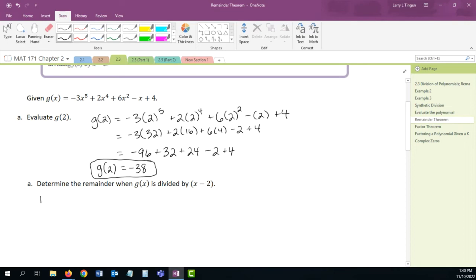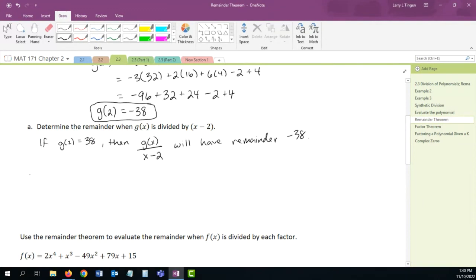So in this one, what we're saying is, if g at 2 equals -38, then g of x divided by x minus 2 will have remainder of negative 38.